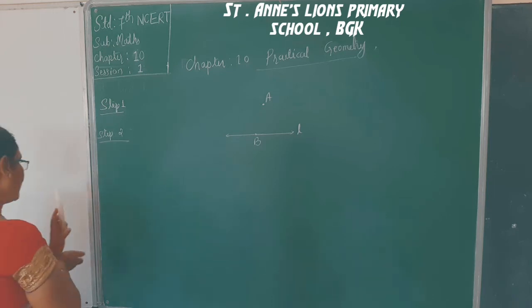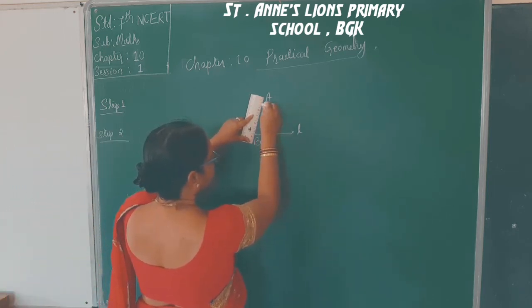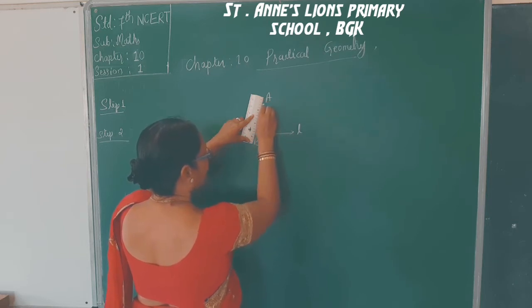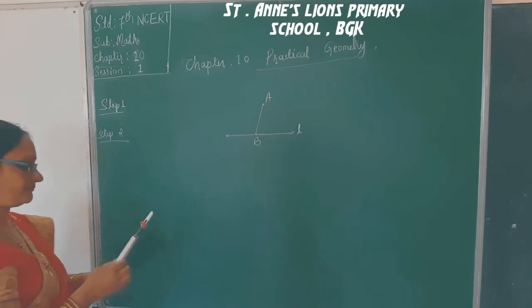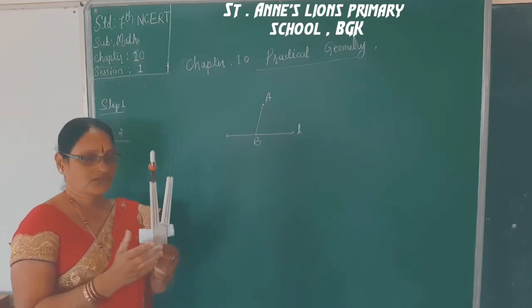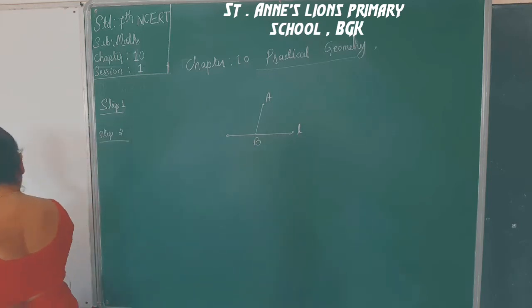Here see, after marking this point, you just join these two. Now next, you know this is the compass. With convenient radius, B as center, this is step 3.